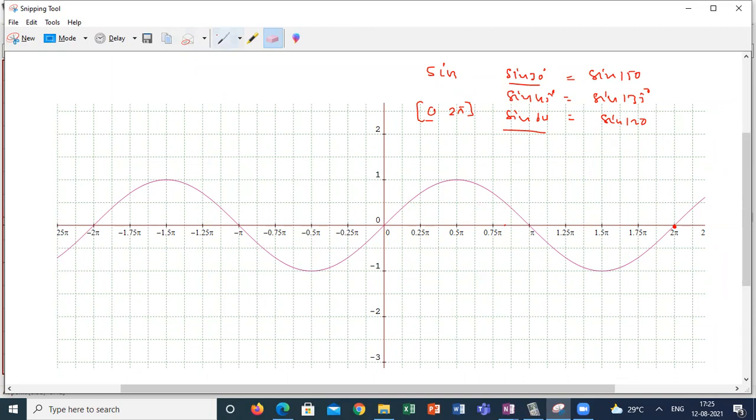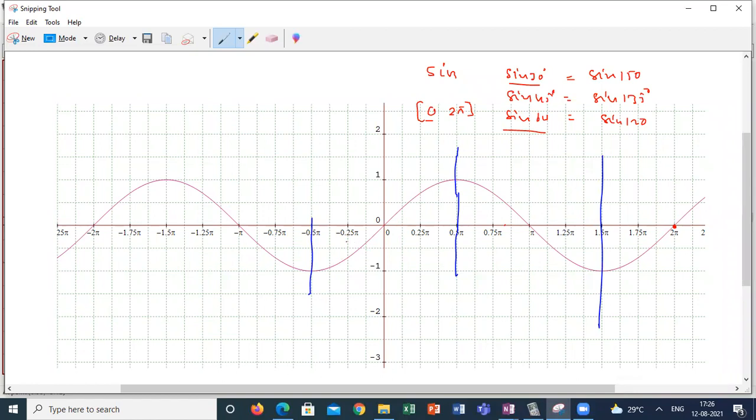What is the minimum and maximum value of the graph? Suppose I am taking the graph from here to here. See here, this is the graph where there is no repeating value. Each and every angle has its unique value.